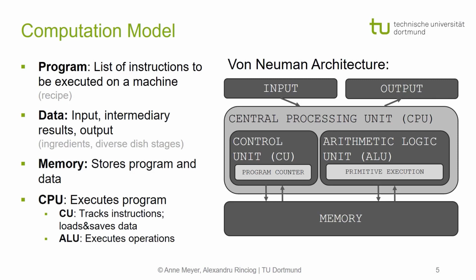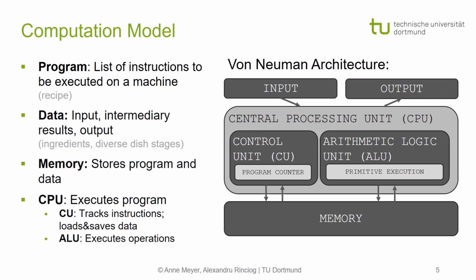The control unit just tracks where you are at with your recipe, and the ALU executes them, basically cooks everything. And these things fit together in what is called a von Neumann architecture. This is the model of computers today. You have input-output modules by means of which you communicate with the computer, with the processor to be more precise, by means of a memory.